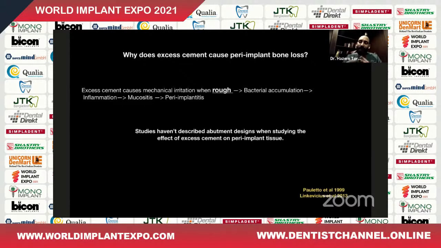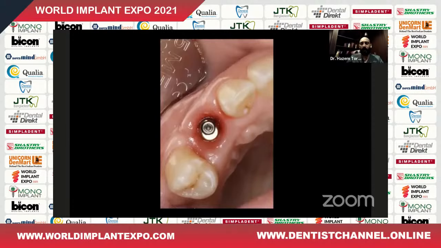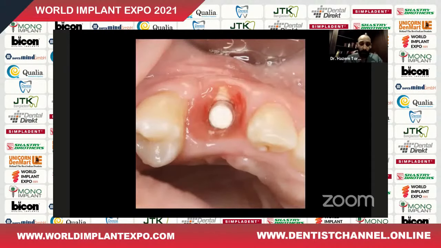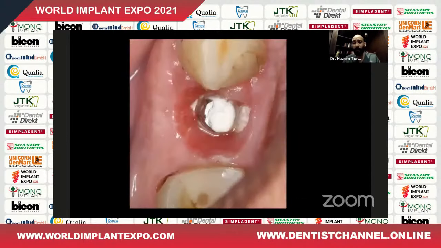How can the assembly of the implant abutment junction affect the outcome of this cement on the peri-implant tissue? And why am I saying this? Because you might have excess cement and yet have good peri-implant health. This is not according to me, I'm showing you some cases, but the literature has described this well. Here we have excess cement, yet we have a healthy peri-implant environment.